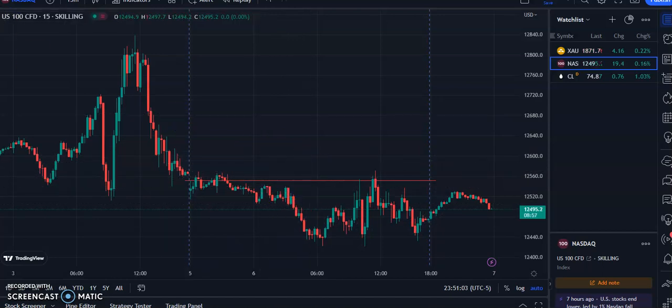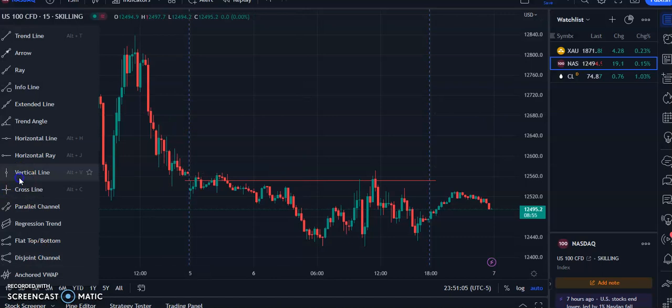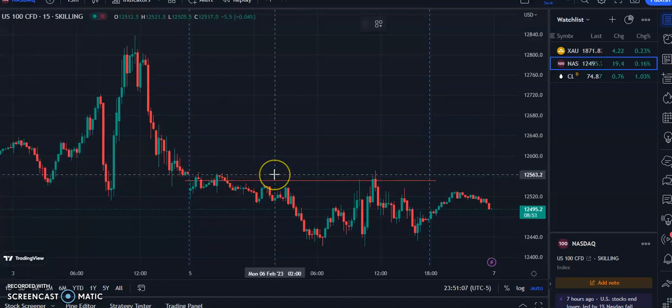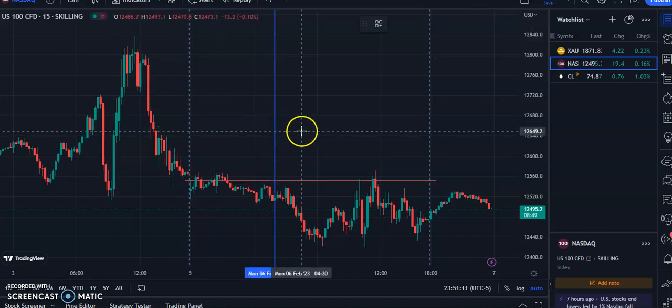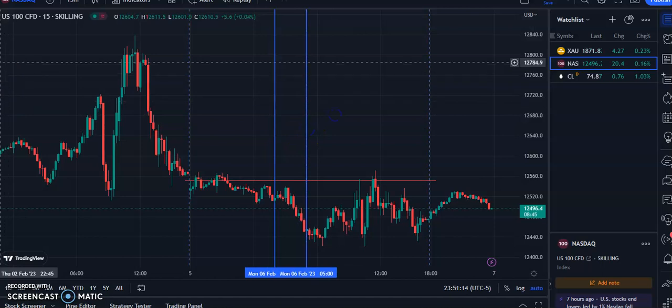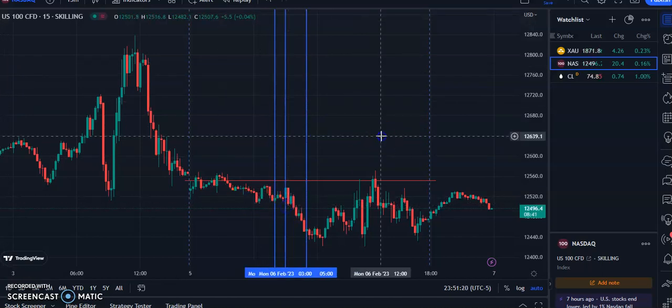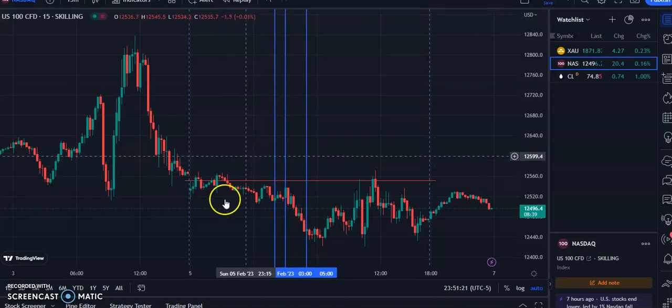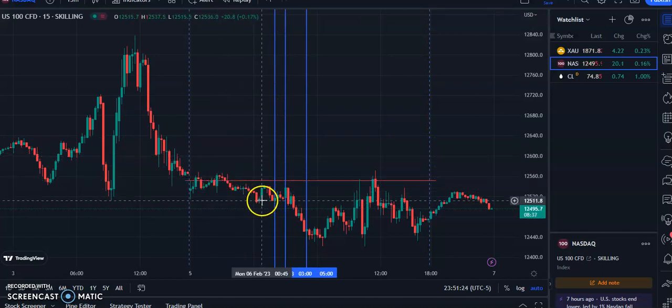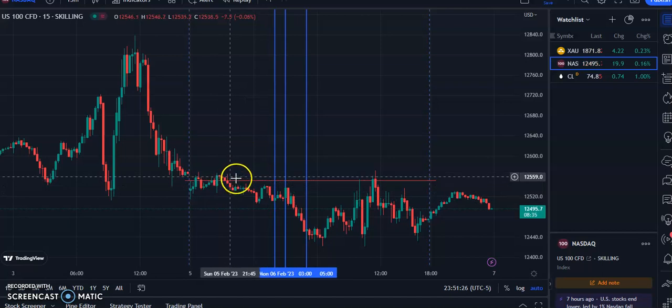So say it's the London session, and my window is 2 to 5 a.m., and the first hour represents the high and the low of the session. All right. Now, when you look at this market, you see they've broken down.